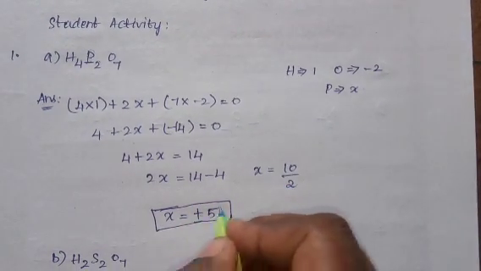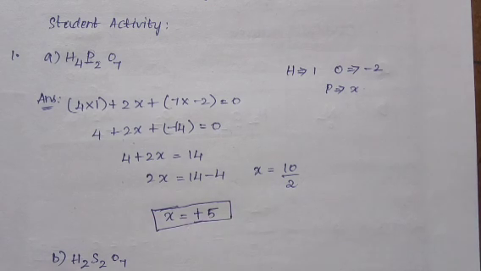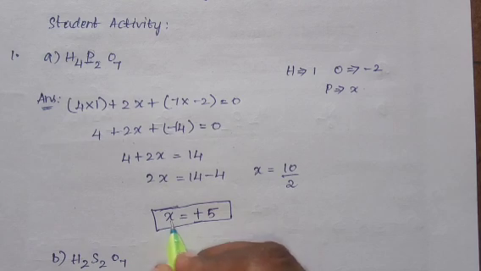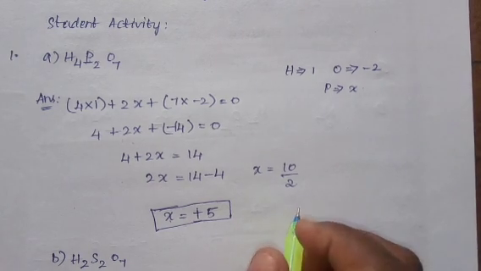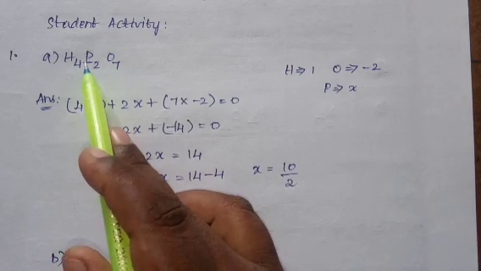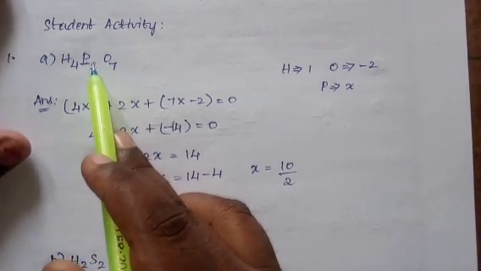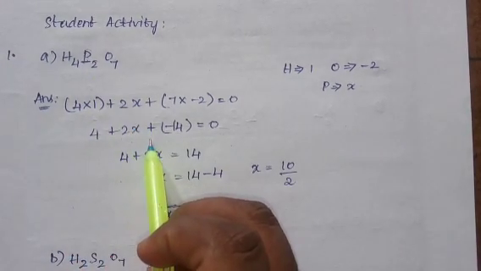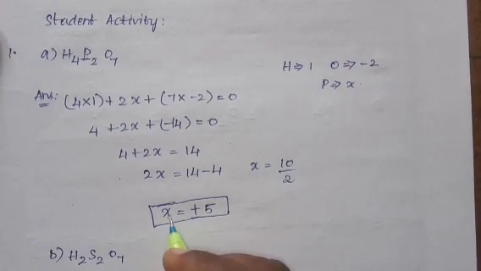X is equal to plus 5. So P is equal to plus 5, because they have underlined P, which we have taken as X. So the answer is X equal to plus 5.